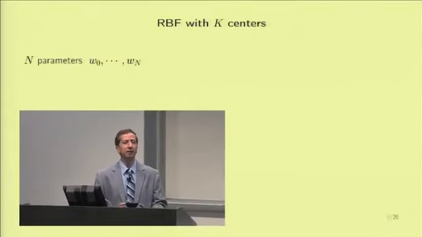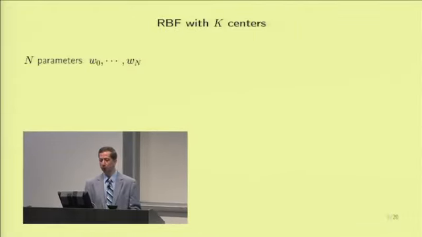Now let's look at the model we had, which is the exact interpolation model, and modify it a little bit in order to deal with a problem that you probably already noticed. In the model, we have capital N parameters, w1 up to wN, and it is based on capital N data points.